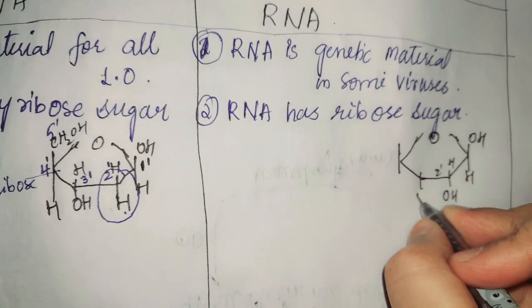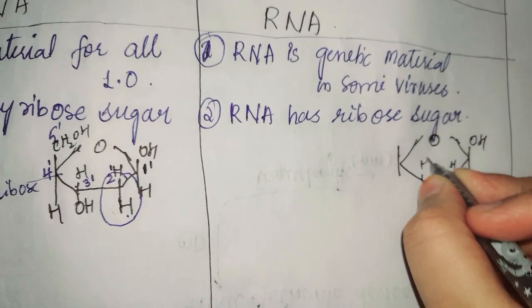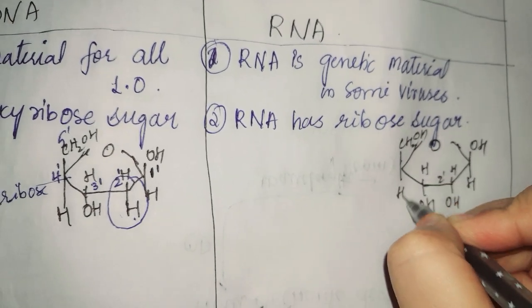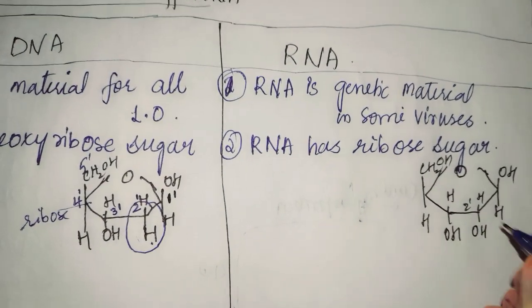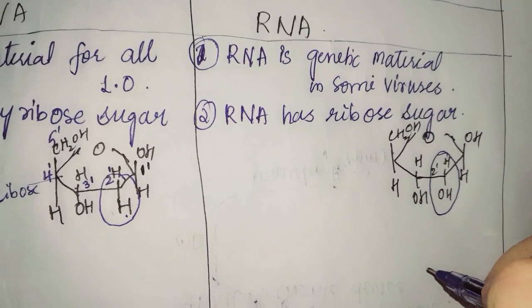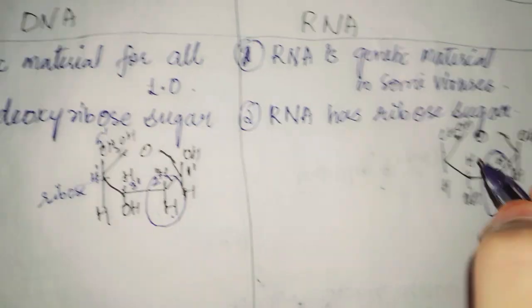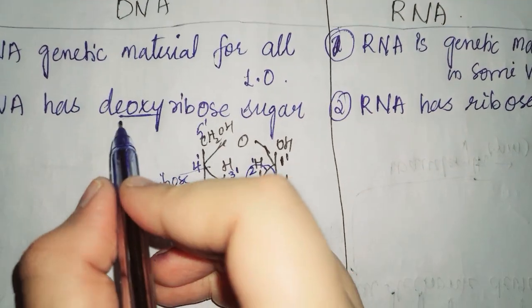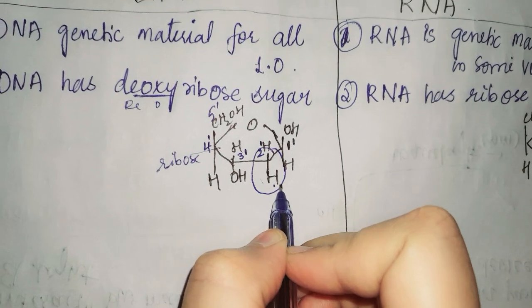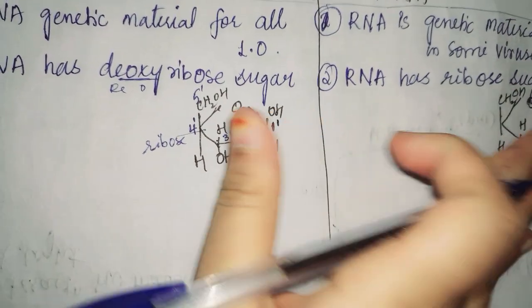The same structure will be there, with CH2OH and here H, only the oxygen differs. So here at the second position it has an OH. It is not deoxy. Why are we calling it deoxy? D means removal of oxygen in the ribose sugar. That's why it is deoxyribose sugar.